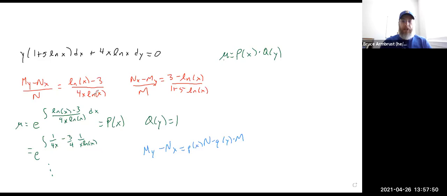And in this situation, notice that the my minus nx over n is only in terms of x, which would suggest that q of y equals 0, right? Well, what do you get when you integrate 0? You get a constant.